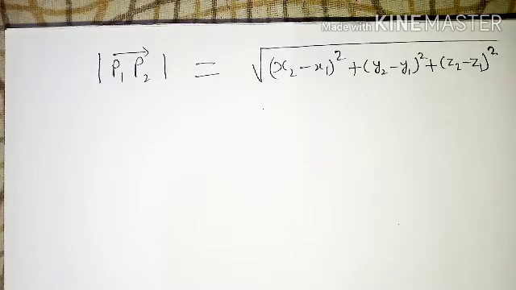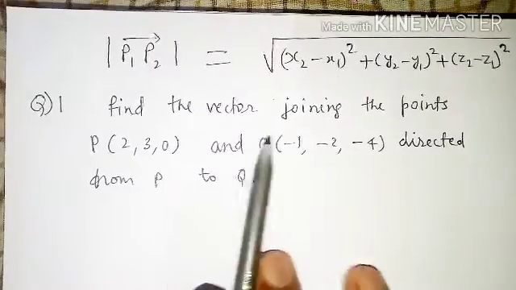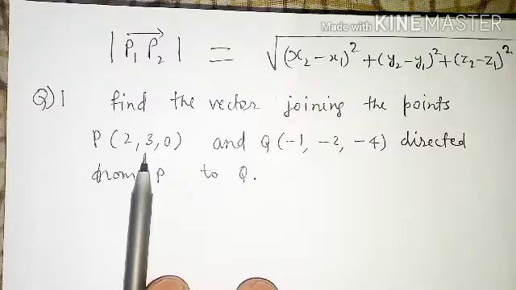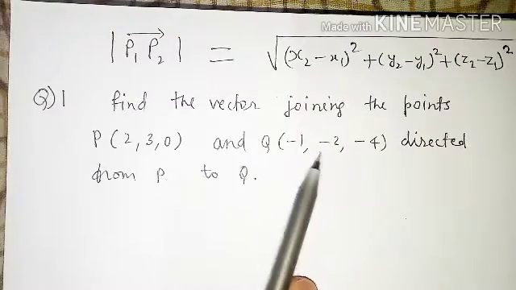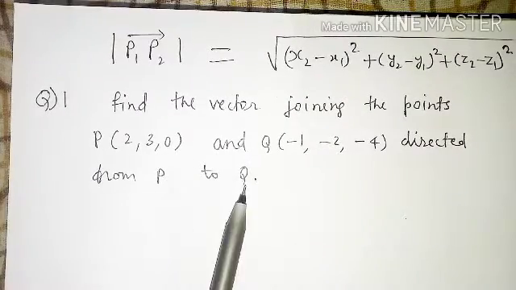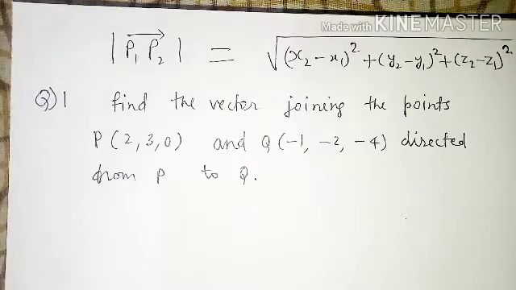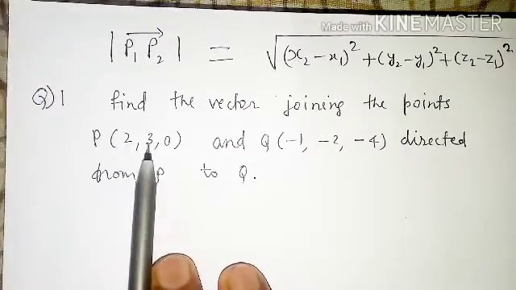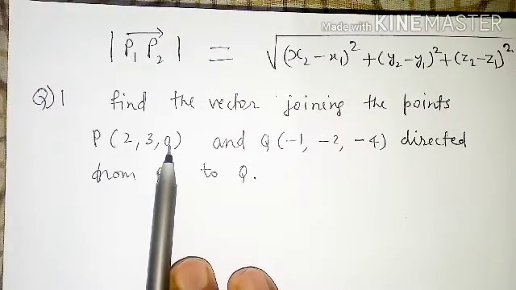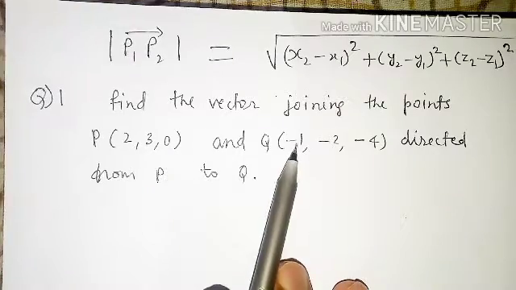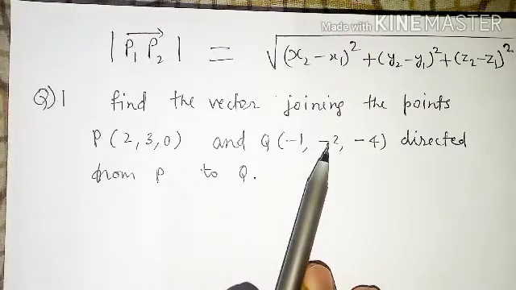Find the vector joining the points P(2, 3, 0) and Q(minus 1, minus 2, minus 4) directed from P to Q. Here we see that this is x1, y1, z1 and these are x2, y2, z2.